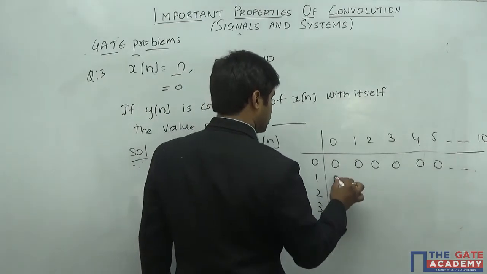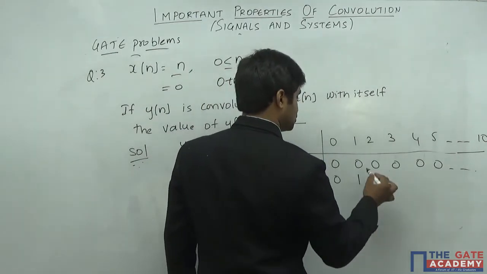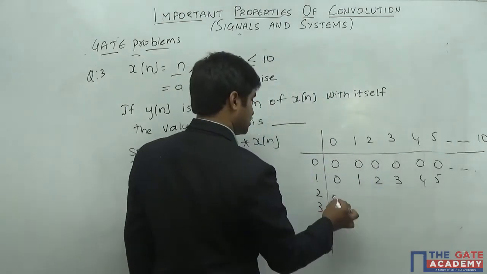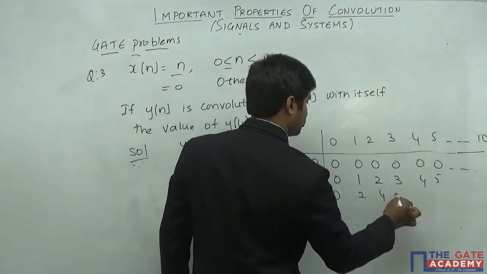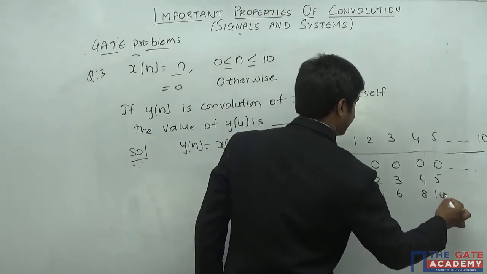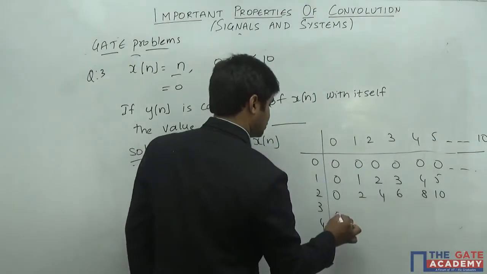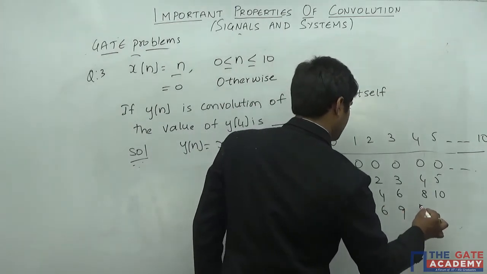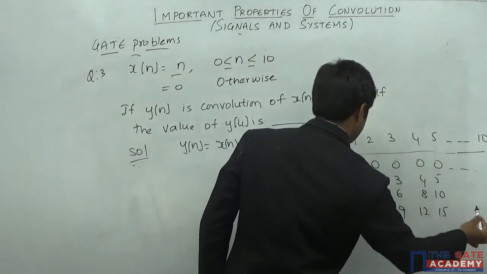Here 1 into 0 is 0, 1, 2, 3, 4, 5 and so on. So 2 here: 0, 2, 4, 6, 8, 10, and so on. 3: 0, 3, 6, 9, 12, 15 and so on.